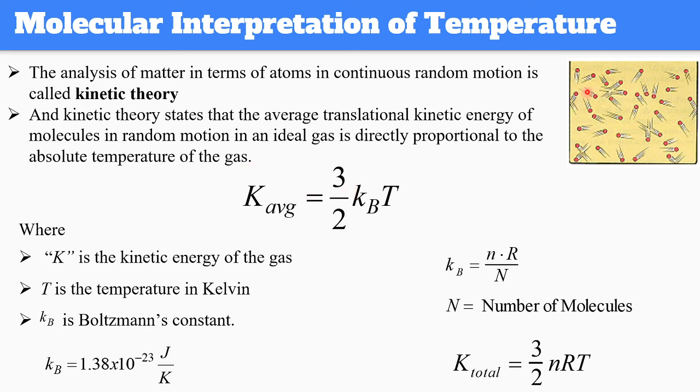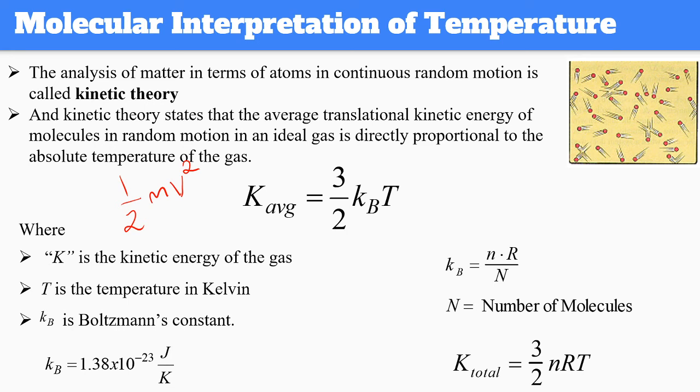So you basically have a lot of molecules that are moving. If you are able to calculate the kinetic energy, and what was kinetic energy? Remember, it is 1/2 mv squared, right?